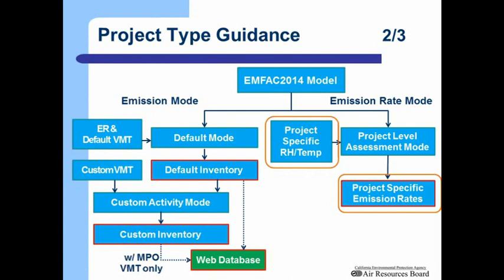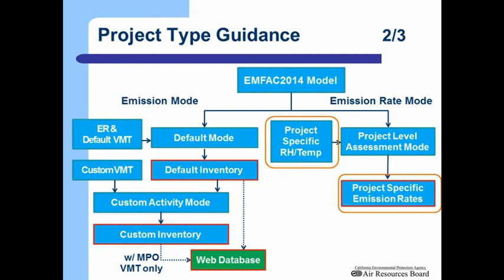Another part of the model is the emission rate mode. For the emission rate mode, the user will do a project level assessment, where the user can input or select project specific parameters such as relative humidity and temperature, and get project specific emission rates. This can be used for CEQA analysis.